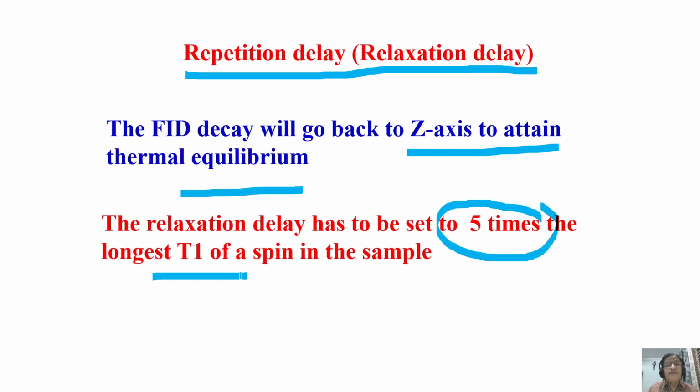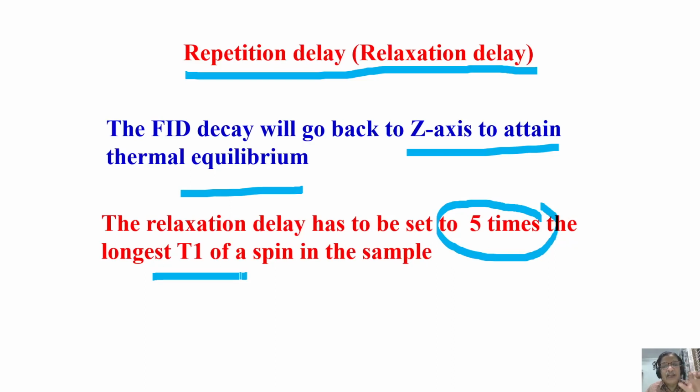Remember, you put t equal to T1, what happens? It turns out to be 0.67. If t is equal to 2 T1, like that you calculate. T by T1 is there. Make it equal, then make it double, make it triple, find out.